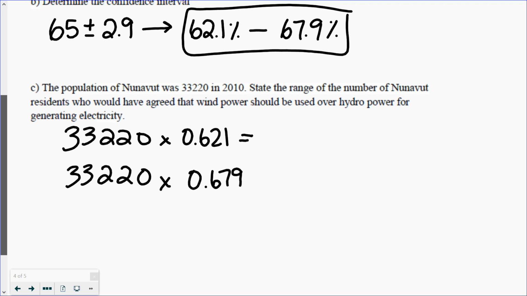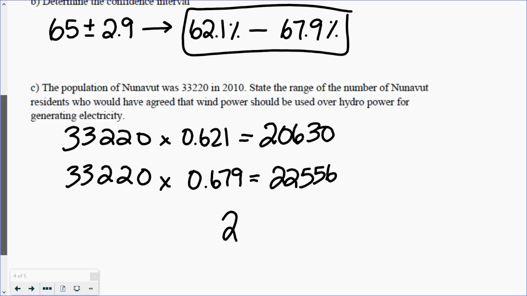So that gives me 20,630, and this one gives me 22,556. So that range of 20,630 to 22,556 would agree.